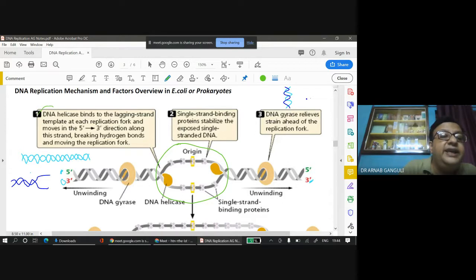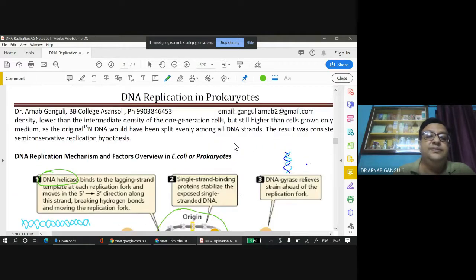DNA helicase. So DNA helicase will first unwind here. So we know the enzyme for DNA replication is DNA polymerase. Let us not confuse it with polymerase 1, 2, and 3.